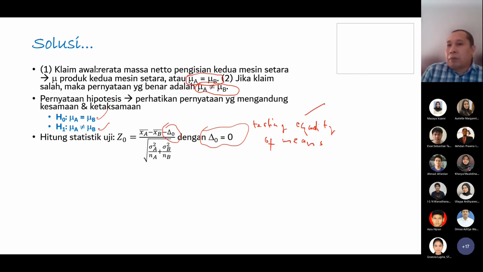For example, maybe we want to prove that machine B is consistently giving a mean filling weight of 5 grams larger than machine A. That means we're testing the difference of means.